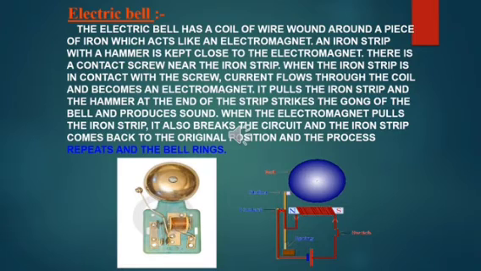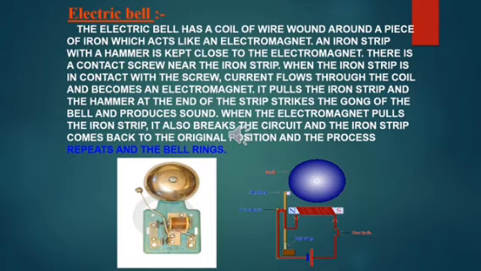Are you understanding? So the current through the coil will stop flowing. Now, will the coil remain as an electromagnet? The coil is no longer an electromagnet. Okay, and it will not attract the iron strip over there.